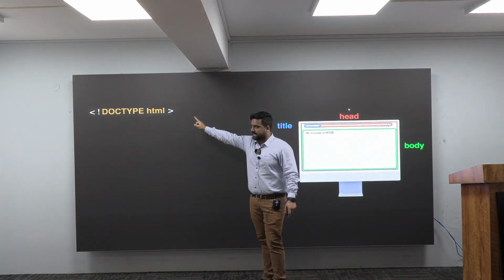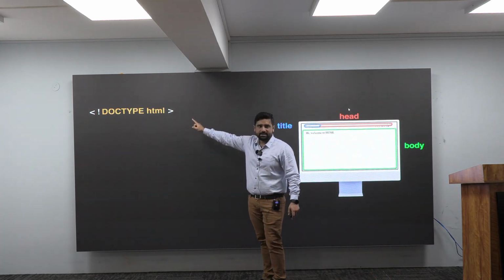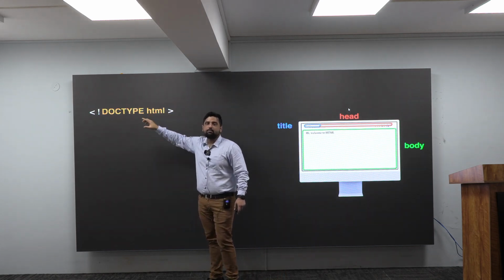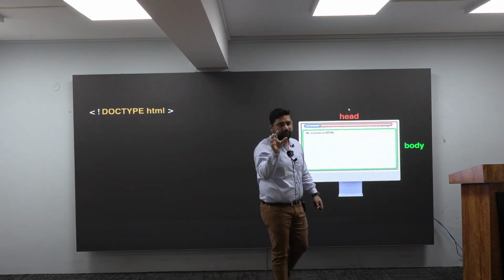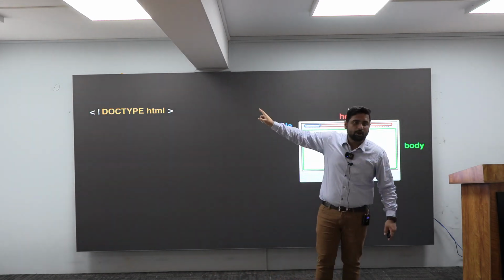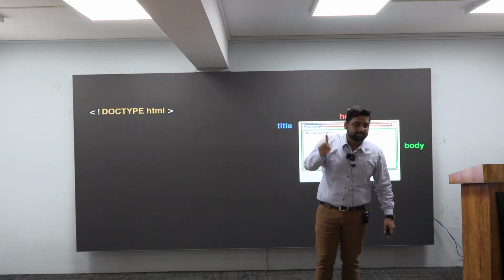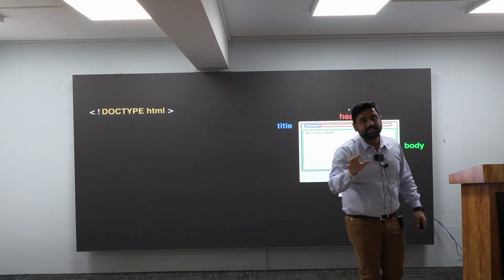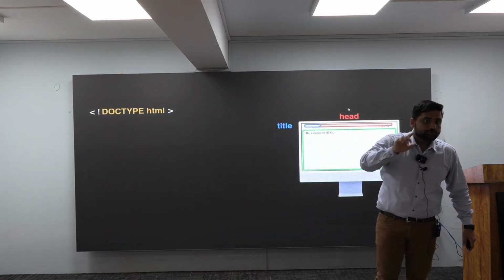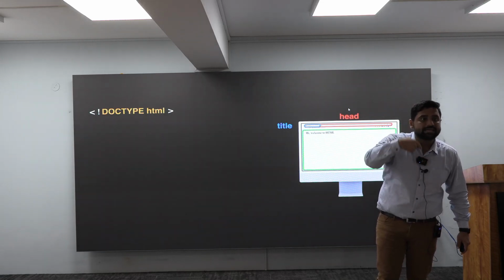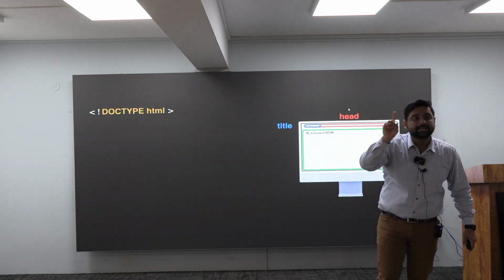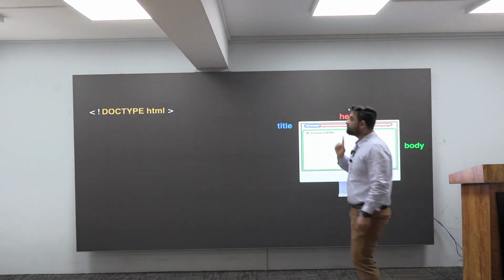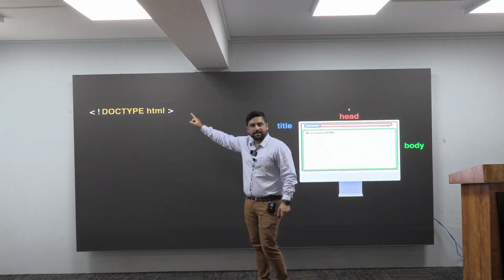See, this particular tag, doctype html, has been given from the HTML5 version. From which version of HTML has it been given? From the HTML5 version. And in this course, we are learning HTML5. Am I clear? So, if you want to inform the interviewer that you have upgraded yourself, for that purpose you have to use doctype html.